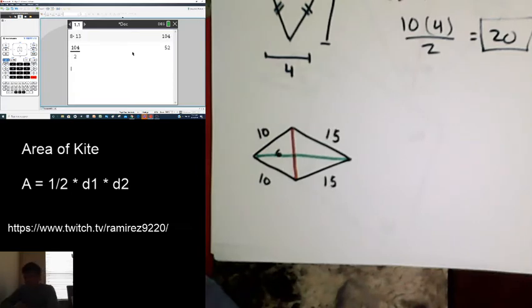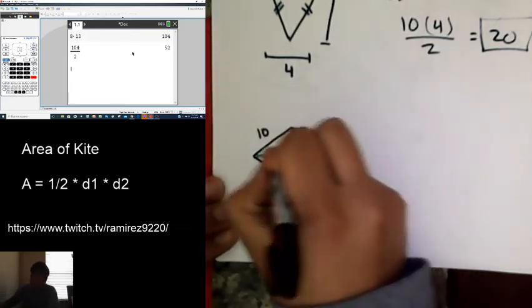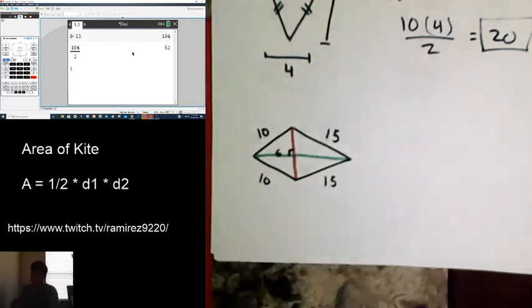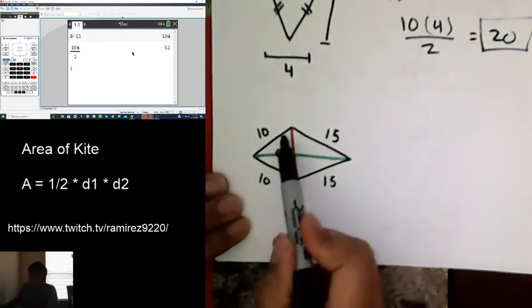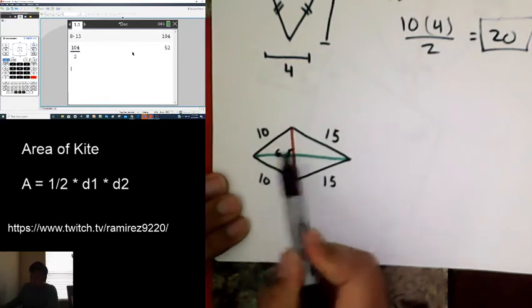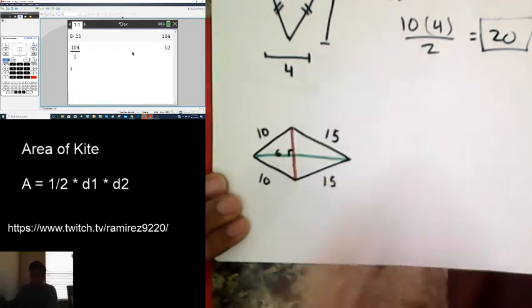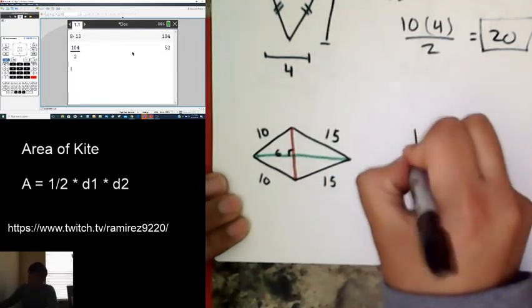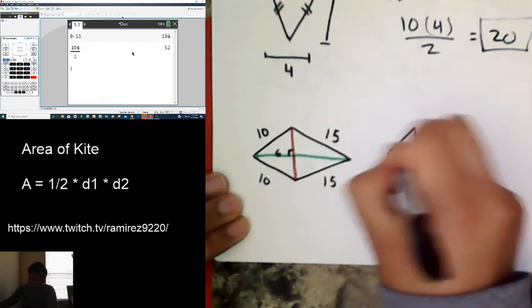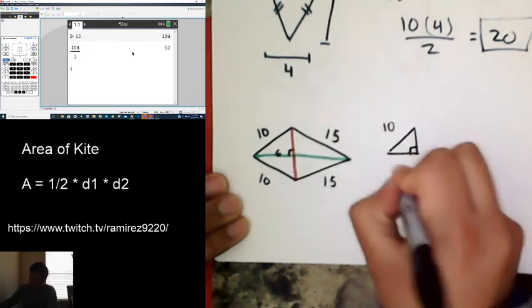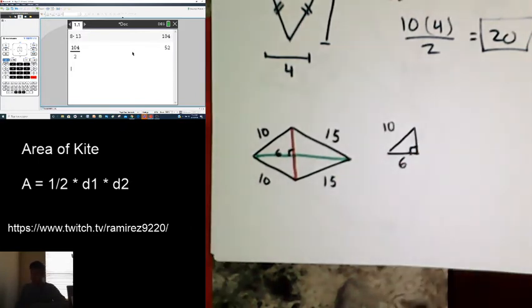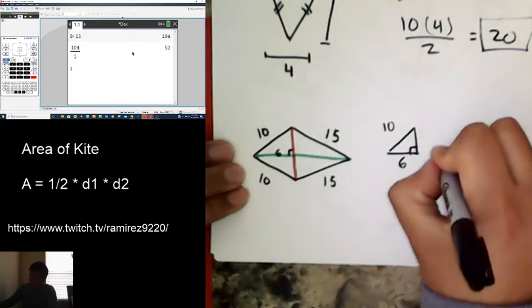Now, your diagonals, when they intersect in a kite, form a 90-degree angle. And all we're going to do is focus on this triangle right here, to find this red part. So I have a right triangle where I know this is 10 and I know this is 6. Pythagorean theorem, yes.